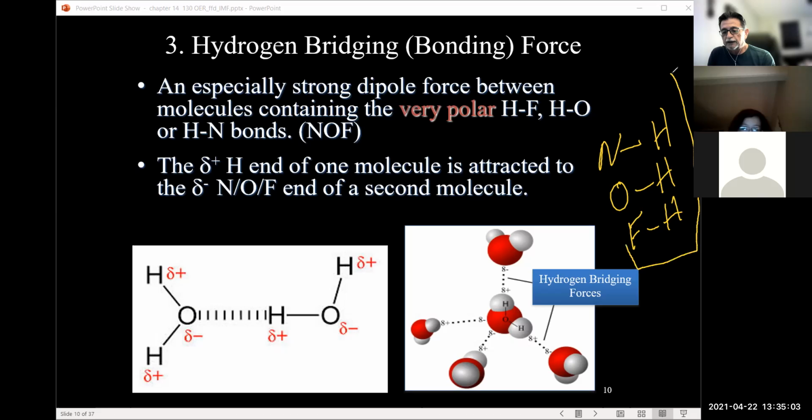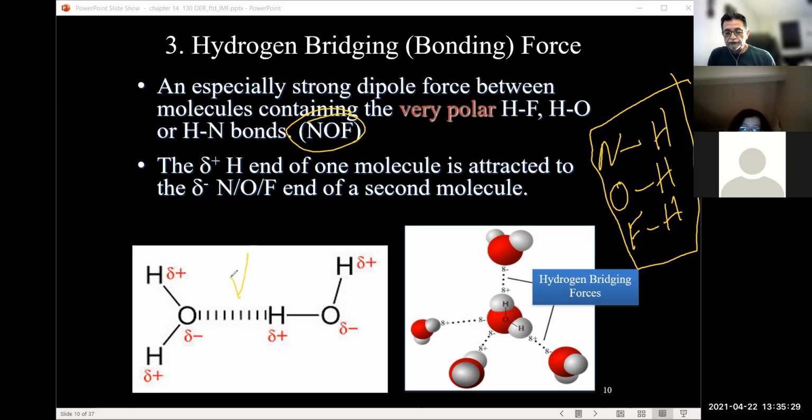Only for those examples do you have what is called the hydrogen bridging force. And here's an example right here with water. Water has hydrogen bridging force because there's a hydrogen bonded to an oxygen. One way to remember it, NOF, I don't know, not on file, maybe that helps. Nitrogen, oxygen, and fluoride. Hydrogen bonded to those three elements.